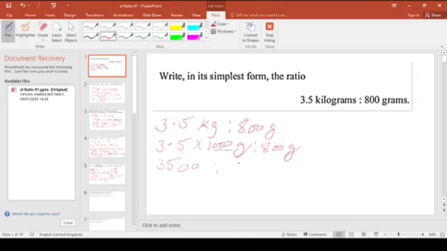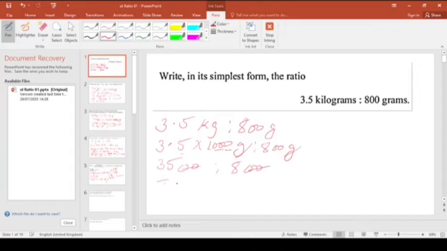So simply, 3500 ratio 800, and these two zeros also cancel out.